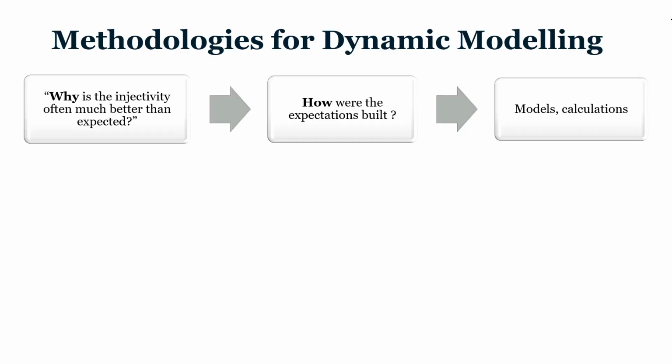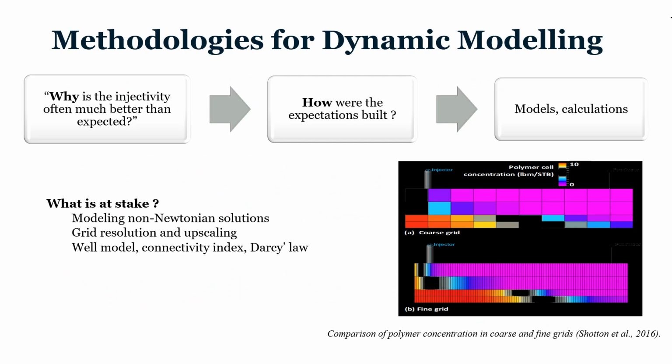So the methodologies for dynamic modeling are also answering the question for polymer: why is injectivity often much better than expected? It's something I discussed in the injectivity chapter, basically because of the expectations. And the expectations are coming from the models.